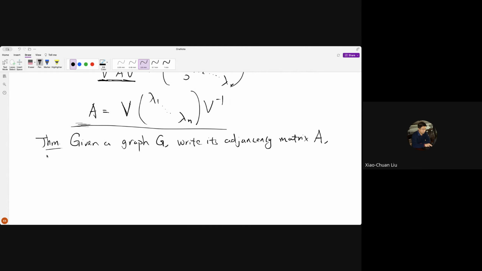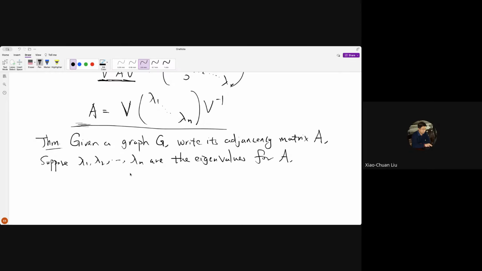Suppose lambda 1, lambda 2, ..., lambda n are the eigenvalues for A. In this case, it's very standard to also call these numbers eigenvalues of the graph G. It's a little strange, but if you talk about eigenvalues of a graph G, you mean this: you first get the adjacency matrix of the graph, and then obtain the eigenvalues.